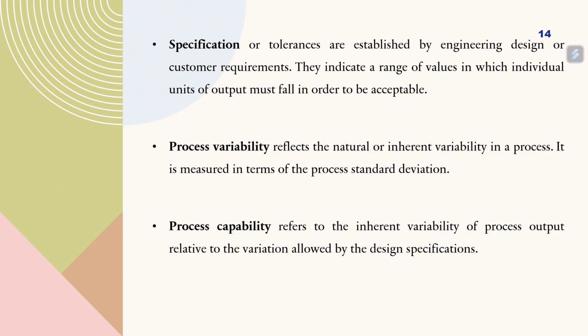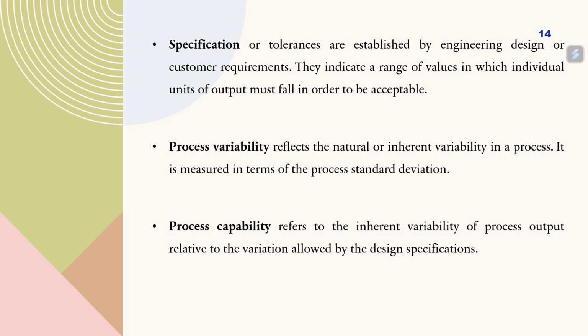They indicate a range of values in which individual units of output must fall in order to be acceptable. Second is the process variability. It reflects the natural or inherent variability in a process. It is measured in terms of the process standard deviation.